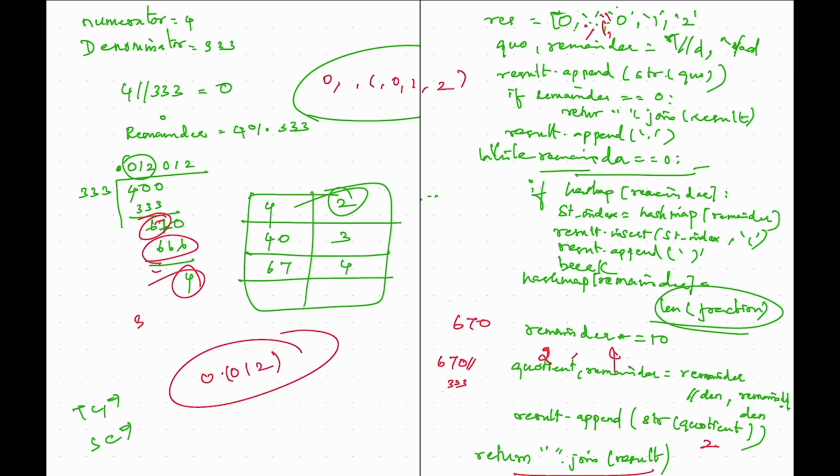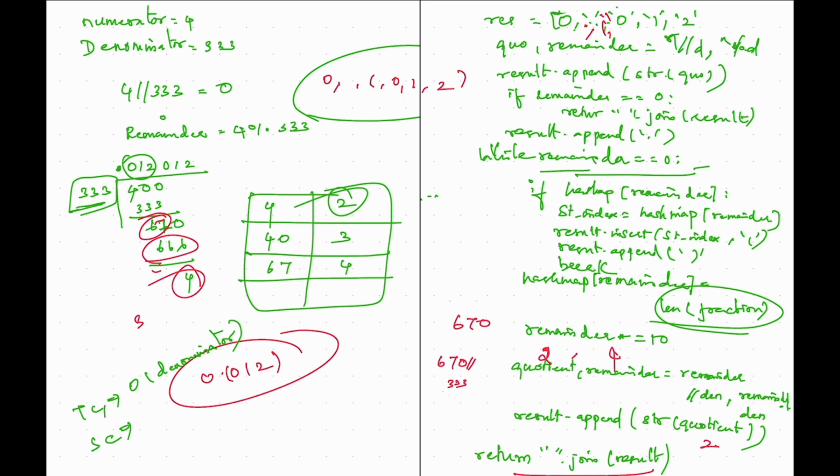So the maximum number of unique remainders depends on the denominator. So at the max, the time complexity will be order of denominator, because the unique remainders are determined by the denominator only, right?